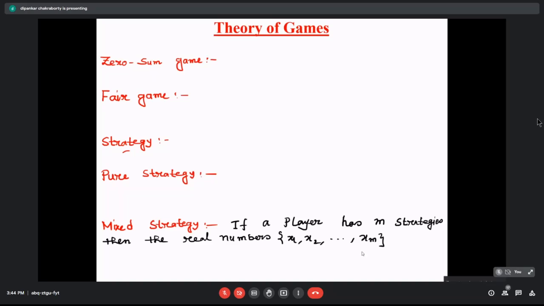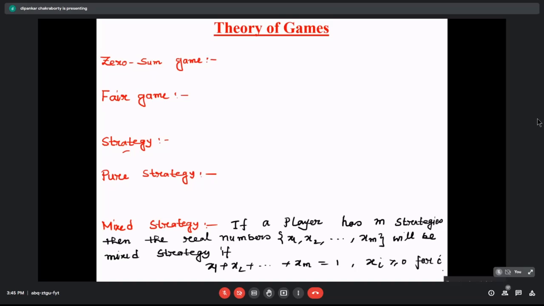Also, they will be called a mixed strategy if x1 plus x2 plus ... plus xm is equal to 1 and xi are greater than or equal to 0 for all i. So if their sum is equal to 1, and xi are greater than or equal to 0, then it will be called a mixed strategy.